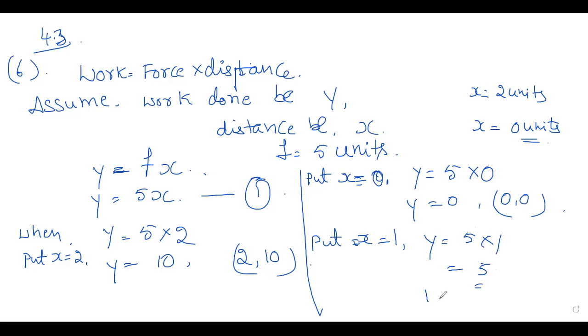That is 5. 1, 5. So these are the 3 points, set of points that will be represented on the graph. I will write the points here. Sixth sum, 4.5. What are the points here? X, y: 0, 0, 1, 5, and 2, 10.